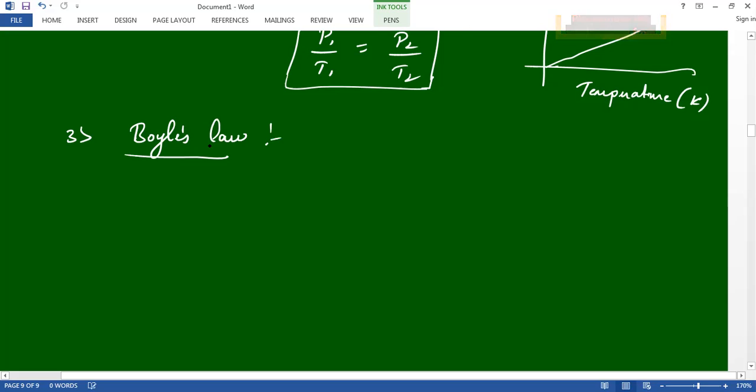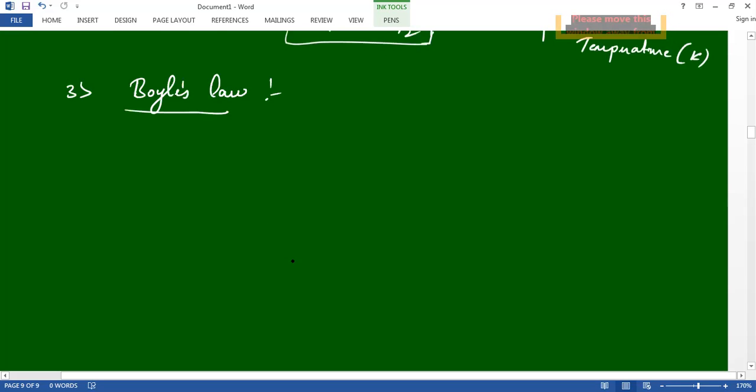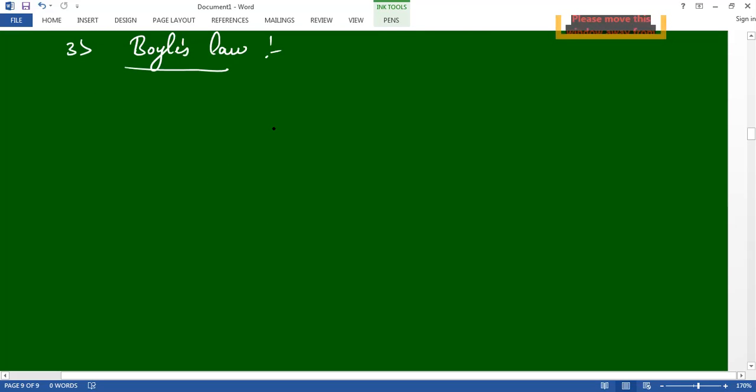Boyle's law says at a constant temperature, pressure is inversely proportional to volume, because 1 by V is there. So this means inversely proportional. At constant temperature, pressure is inversely proportional to the volume of a gas. So this is called Boyle's law.